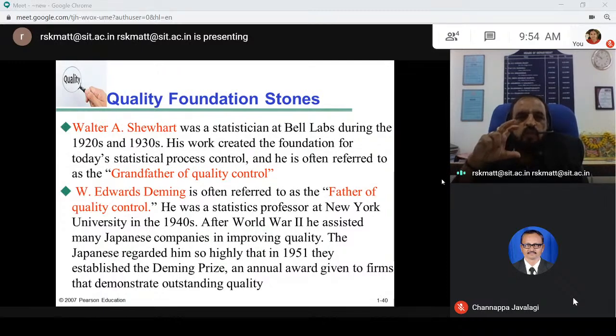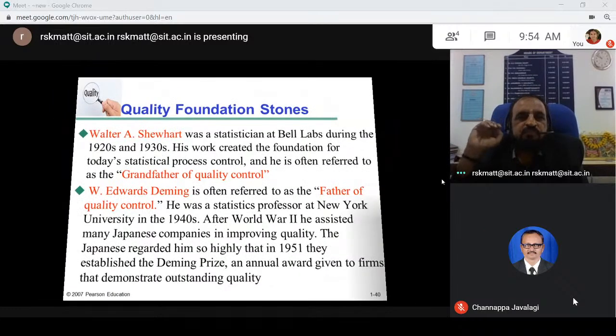These two are the foundation stones for quality. So because of them, we are here today. And in the name of Edward Deming, a Deming Prize is awarded every year in the country as well as at the international level.